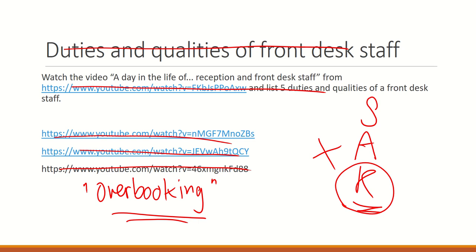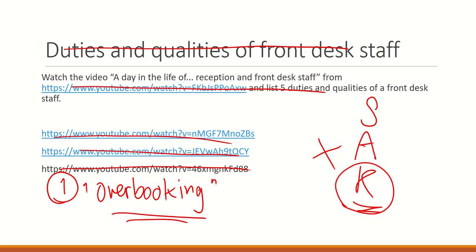Instant reservation, page 20, from number 1 to number 7. I will talk about it in Unit 4, taking reservation and giving information. Okay, what I'd like you to do: the first one, overbooking. Now look for more information about overbooking.